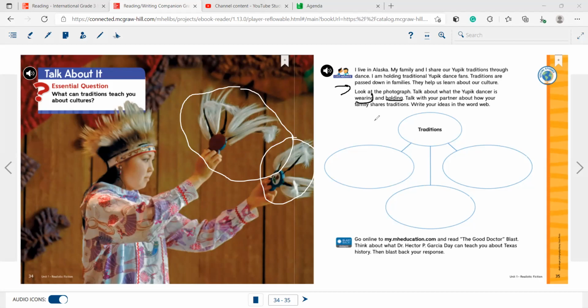We're just going to fill inside these circles, and later on when we come back to class, we can discuss your ideas. Write your ideas in the word web. So talk with your partner about how your family shares tradition, and then we discuss it.